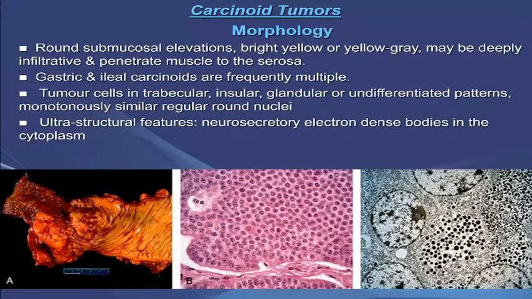By the time they are discovered in the gastric and ileal sites, they tend to be multiple. The tumor cells are arranged in trabecular, insular, glandular, or undifferentiated patterns, with a monotonous appearance of small, regular, round nuclei.